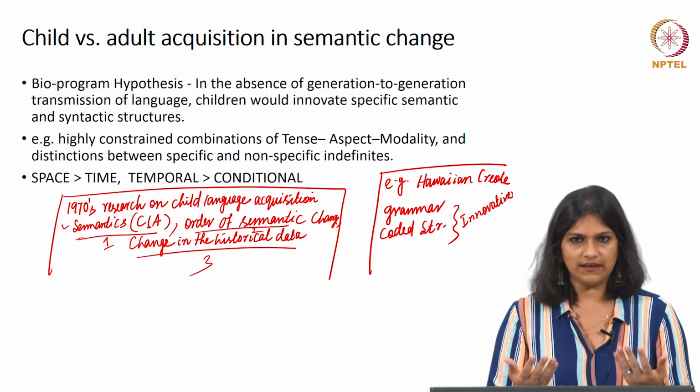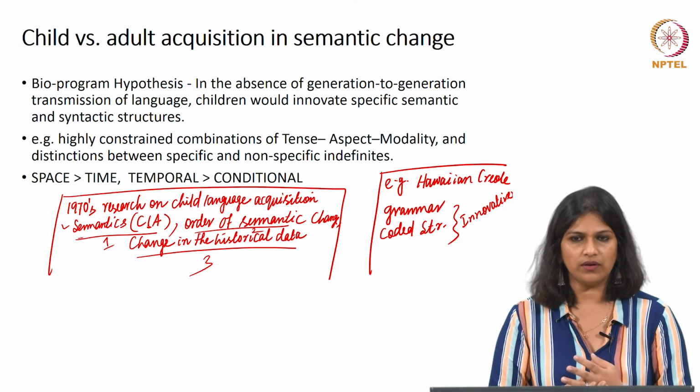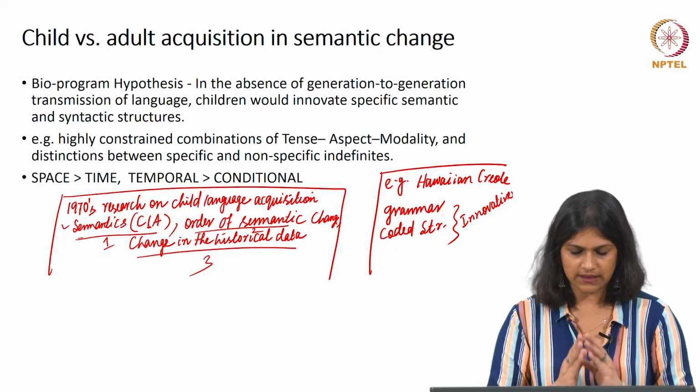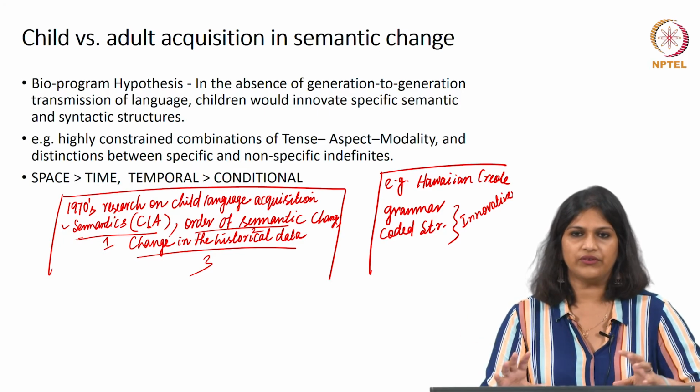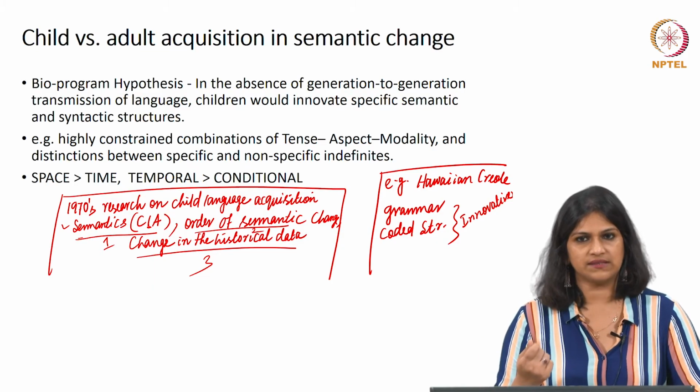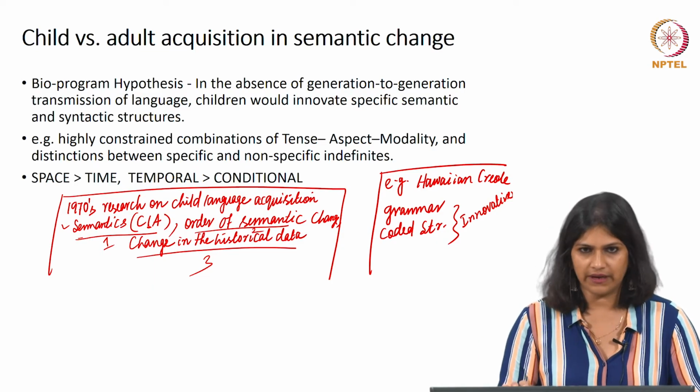But the story is a little different. The adults seem to be more innovative. So, considering the bioprogram hypothesis focuses a lot on the contribution of children, this has been considered one of its weakest perspectives, right. Okay.